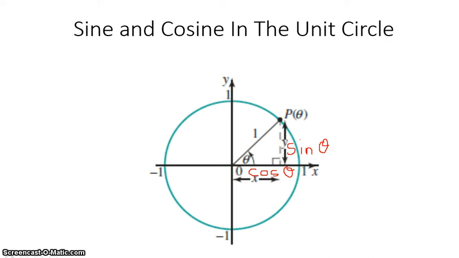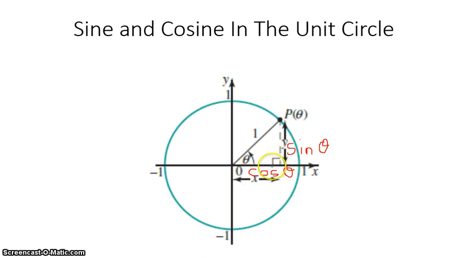Once I've labelled the triangle in this way, it means that I can now look at tan of this angle at the centre of the circle as well. As we know, tan is always equal to the opposite side divided by the adjacent side. If we look at this triangle in general and we take tan of this angle here, we can see that this side opposite this angle is equal to sine of the angle.